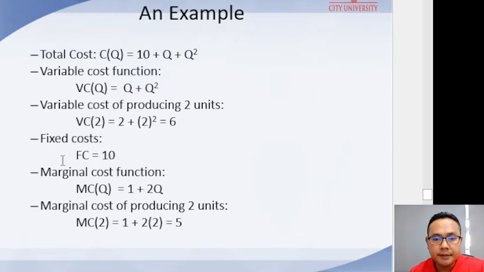And then fixed cost, let's say 10. So the marginal cost function is MC(Q) equals 1 plus 2Q, and the marginal cost of producing 2 units equals 5.